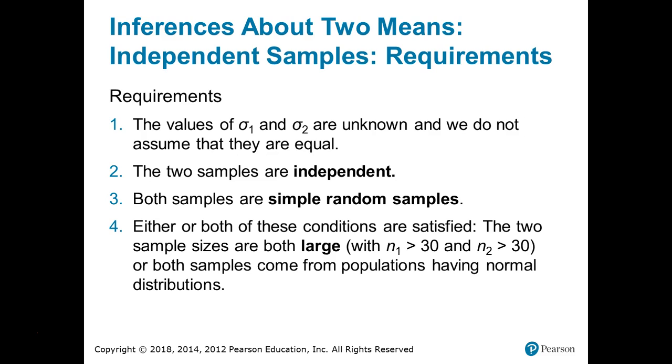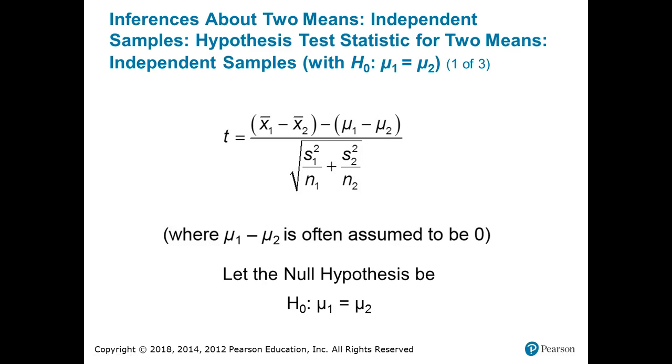The two samples are independent. They are simple random samples, and they are both either normally distributed, or large enough where n1 and n2 are both greater than 30. So similar requirements, just adding the fact that we are dealing with two samples this time.